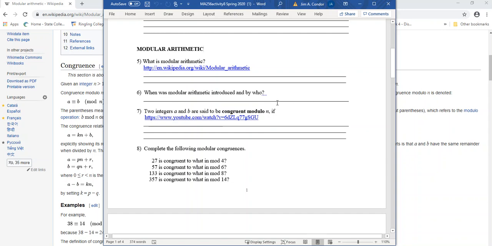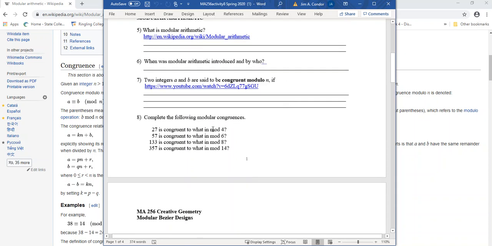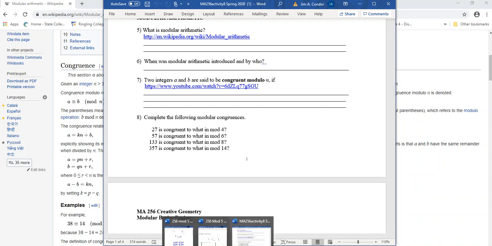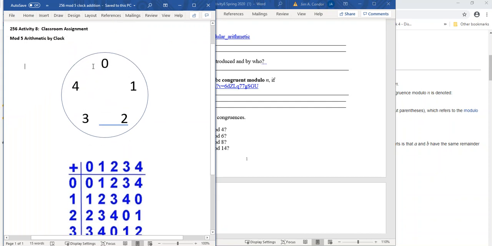And so we want to know, what is it for integers A and B to be congruent mod n? Well, you can have any mod system, or any clock with as many numbers on it as you want. So for example, let's go over to here. Here's a mod clock. It's a mod 5 clock.